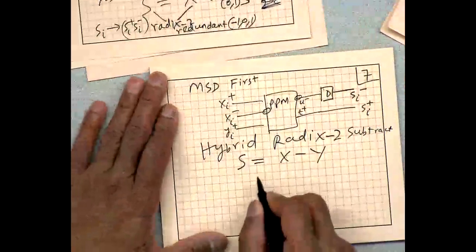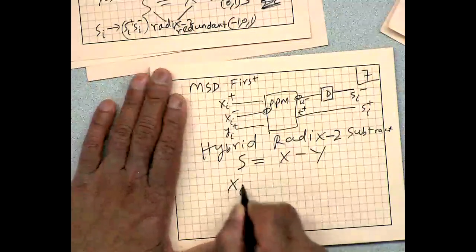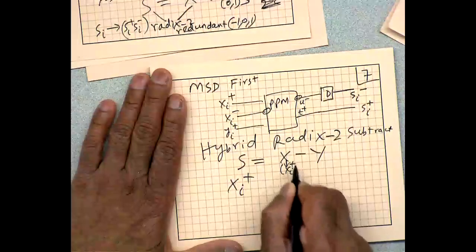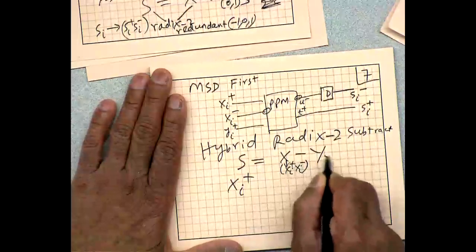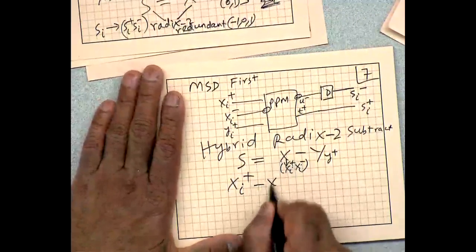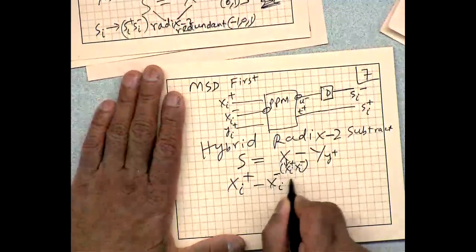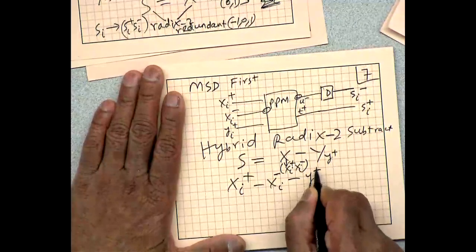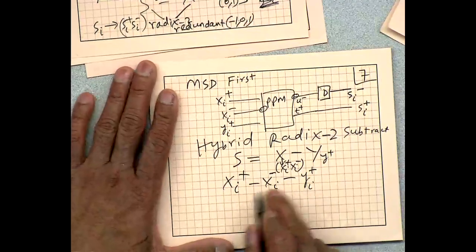So at each position, this is a digit that uses 2 bits, xi plus, xi minus, and y is yi plus. So I want to take the value of this, which is xi plus minus xi minus, minus yi plus. Okay, so that's kind of what we are computing.